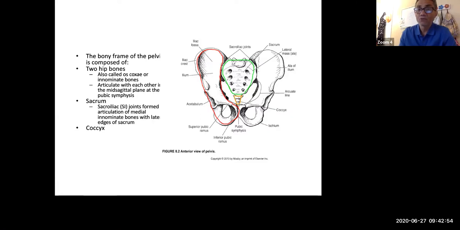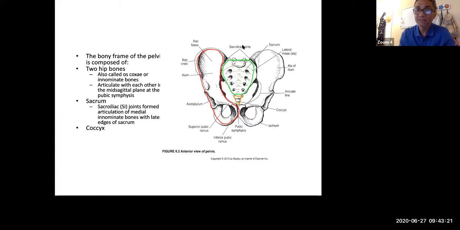One more time, your hip bone consists of the right and left innominate bone, or coxal bone. On the posterior aspect, midline, 5 fused sacral, and if you move more toward the inferior, 3 or 4 fused coccygeal. Those are part of the spine that you learned about.